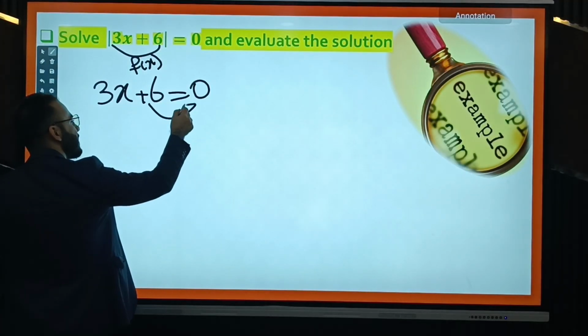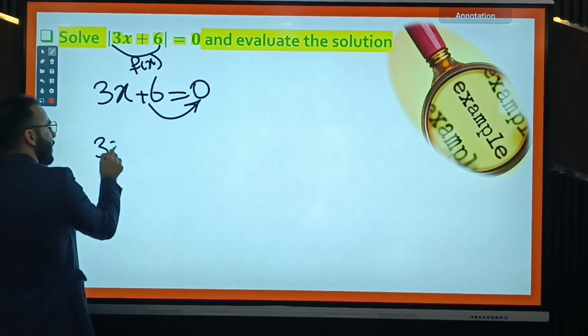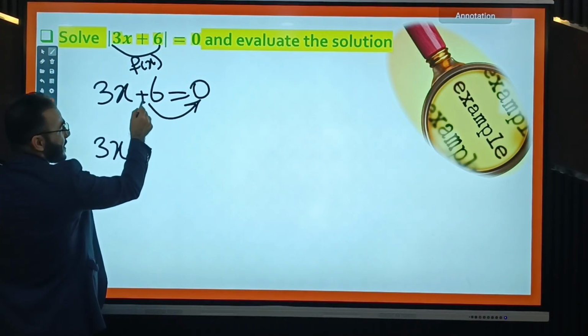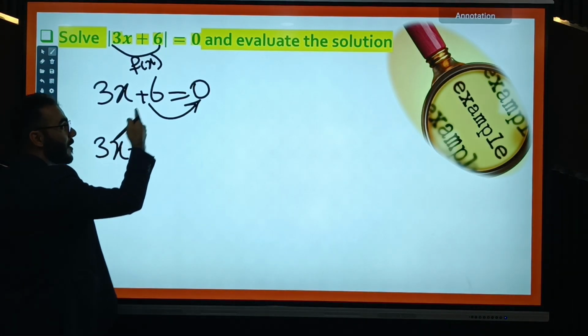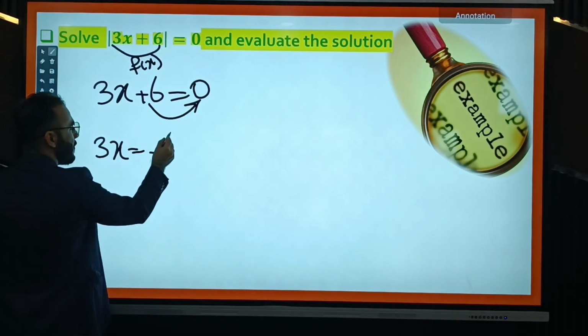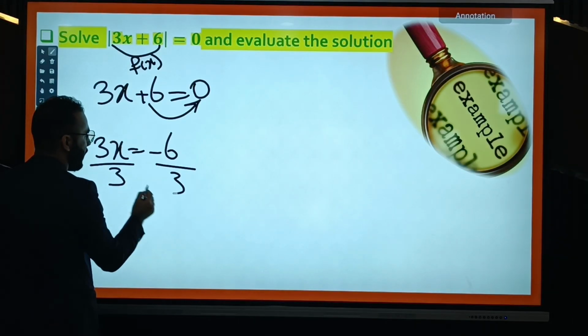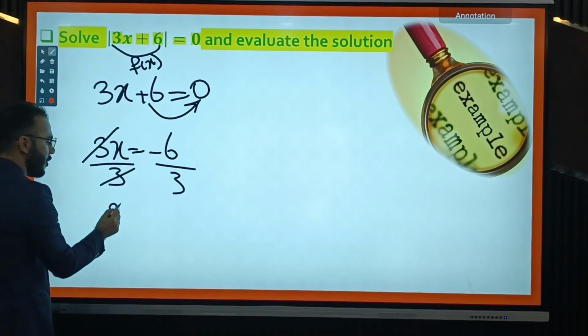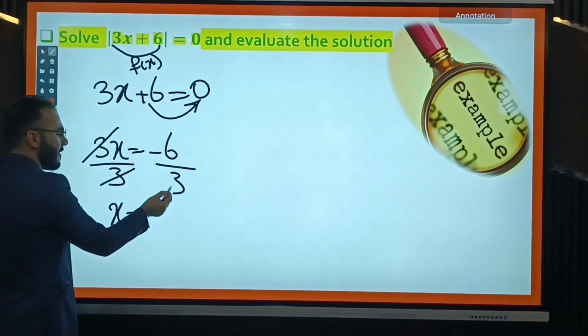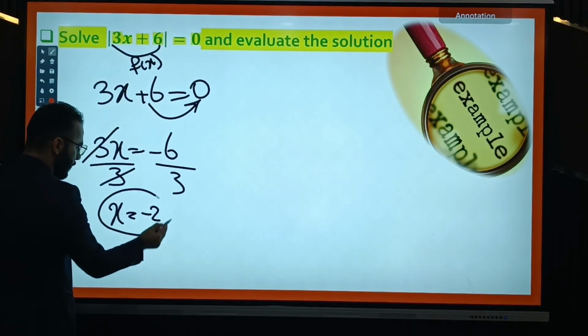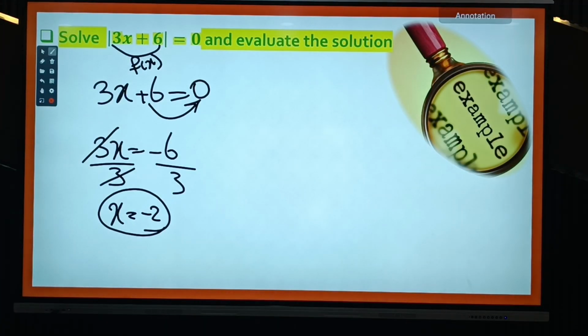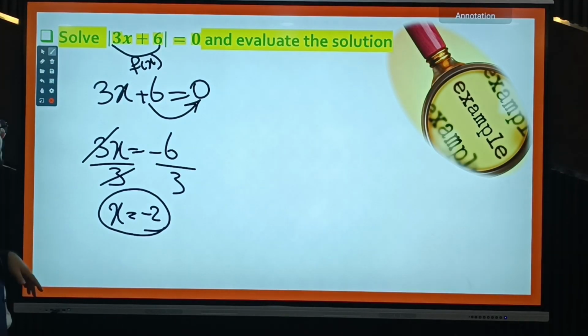So move the 6 to the other side, so we are going to have 3x equals, here 6 is positive, when it goes to the other side it becomes negative 6, divided by 3, divided by 3. So 3 will kill 3. x equals negative 6 divided by 3, negative 2. That is the solution that we got. Only one single solution. Let's just evaluate it.